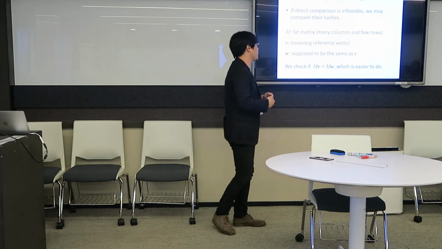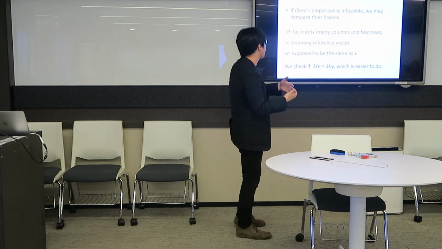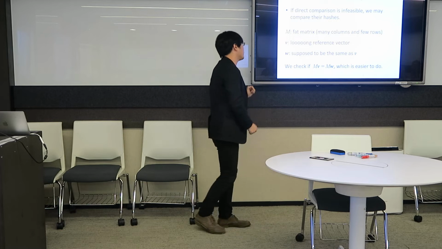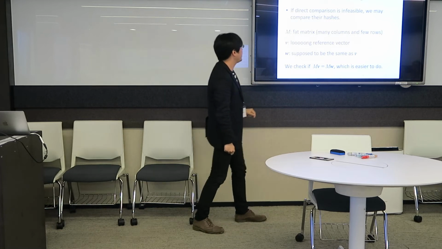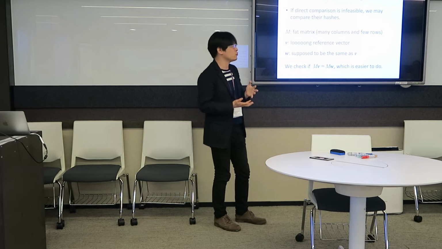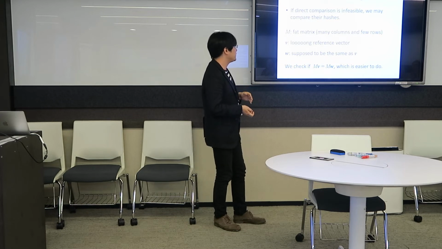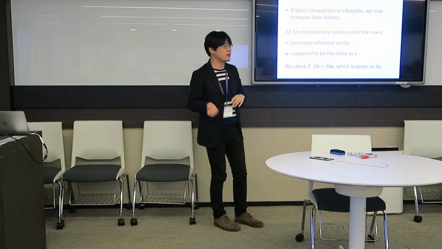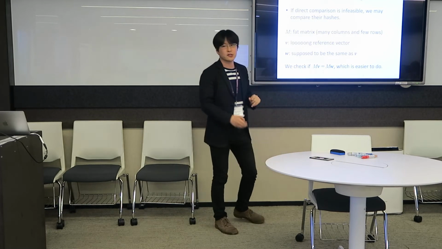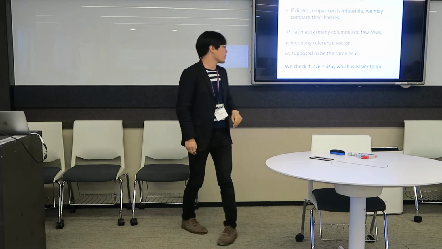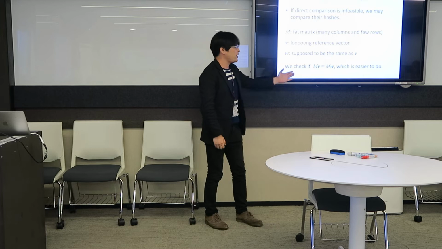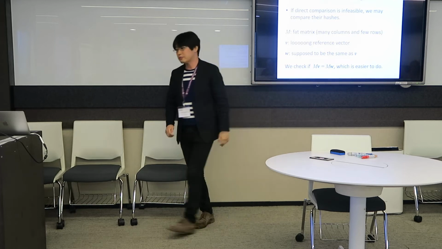So the dimension is n, and you have 2 to the n possible reference vectors and W. And if M only has, say, 100 bits, then you only have 2 to the 100 possible vectors as an outcome. So there has to be a collision between MV and MW, even if V and W are completely different.